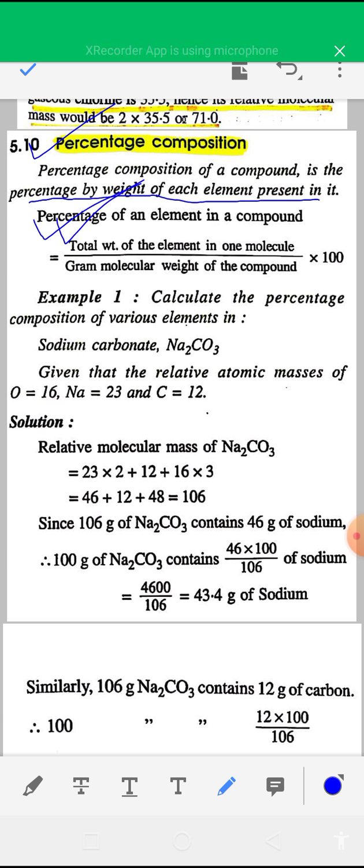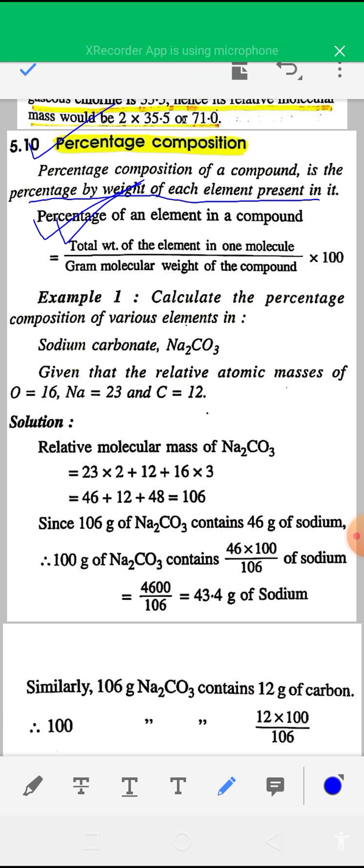Percentage of an element is equal to total weight of that element in one molecule of that compound divided by gram molecular weight of the compound into 100.